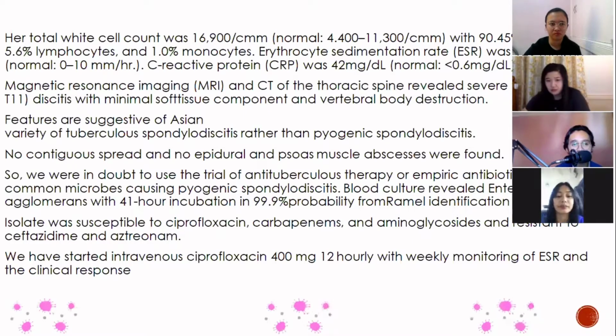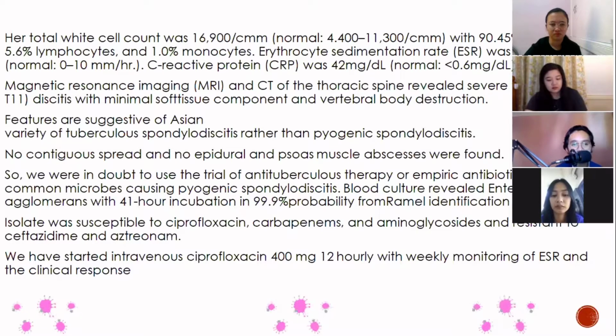Her magnetic resonance imaging and CT scan of the thoracic spine revealed severe thoracic T10 and T11 discitis with minimal soft tissue component and vertebral body destruction. Features are suggestive of Asian variety of tuberculosis spondylodiscitis rather than pyogenic spondylodiscitis. There was no contiguous spread, and no epidural or psoas muscle abscess was found.